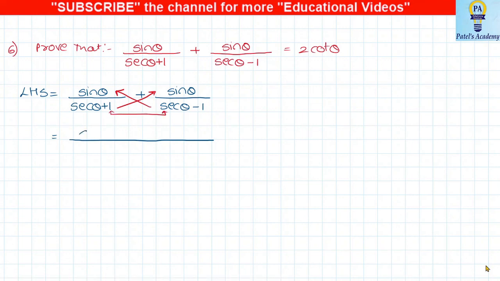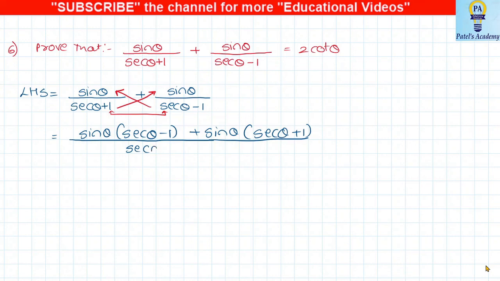So what I'll get is sine theta (sec theta minus 1) plus sine theta (sec theta plus 1), the whole upon, in the denominator we'll have (sec theta plus 1) and (sec theta minus 1). So let us open the brackets.